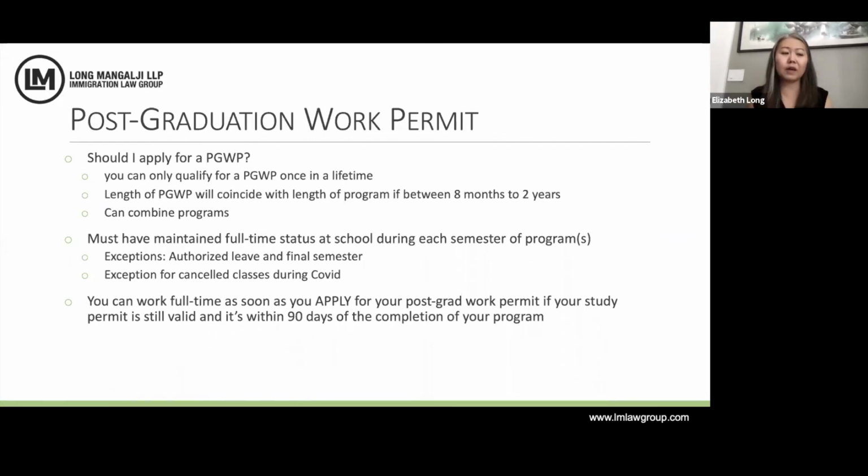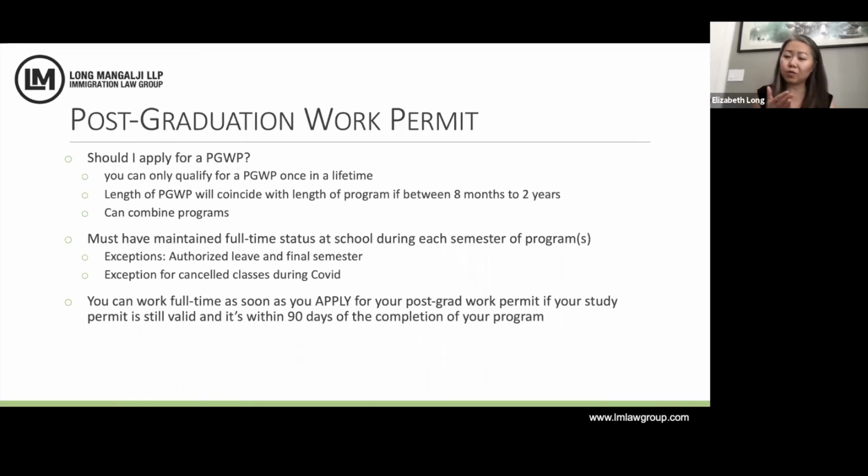Why? Because you lose your status within 90 days of your program ending. Remember, that's one of the first slides we were talking about. If you don't study, you lose your status within 90 days. So if you wait until after 90 days, you wait until 179 days to apply, and you have not filed any extension for your visitor status or study permit status, then you'll be out of status.